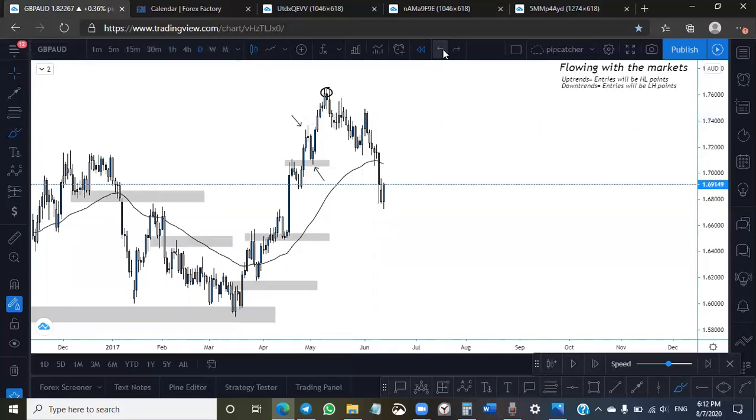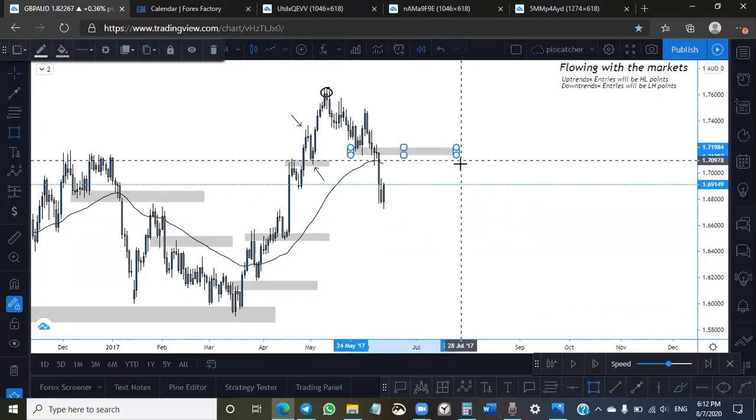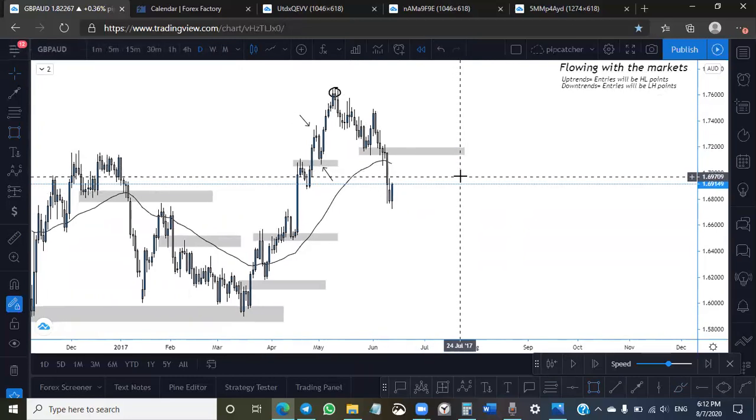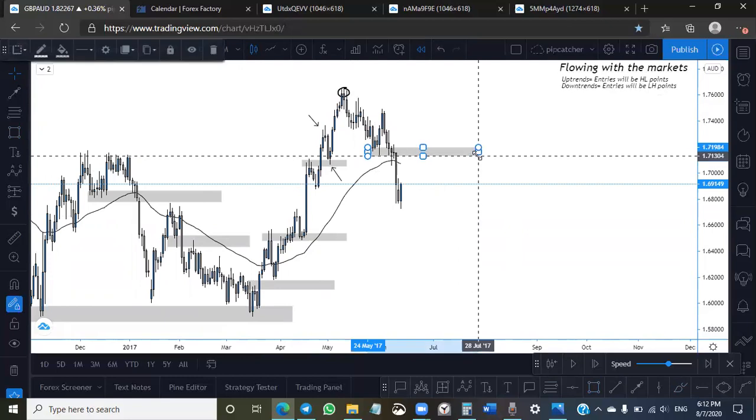So look at where structure had gotten broken, this significant area of this pullback before this lower high was created, right? And then structure broke through. So this can potentially be an area of interest that we can look for to see if this can go to the downside even more.